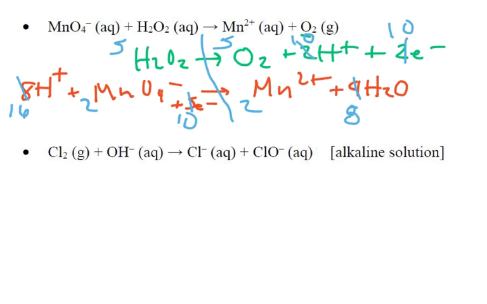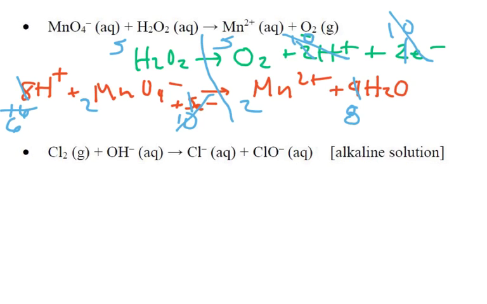And now we can go back and cancel. So I know my 10 electrons are going to cancel. And I have 10 hydrogens on the right side of here. I have 16 here, so these 10 will go, and this will change to a 6. There's nothing else that is common on both sides, so I'll just recopy my problem here.